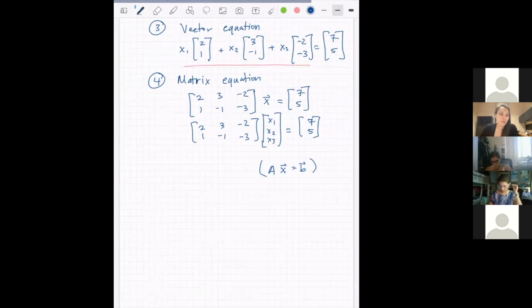Now we have something that we can say about how these relate. We have some equivalent statements.